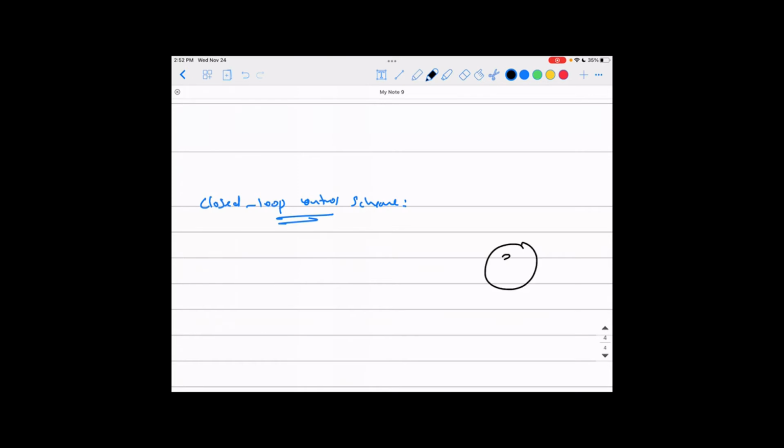Here is our three-phase induction motor, and this is your controller, which gives its pulses to the power electronic switches. So that's your controller, and that is your power electronics. The controller just gives the pulses to the switches, and the power electronic switches give the voltage and frequency to the three-phase induction motor to work with.